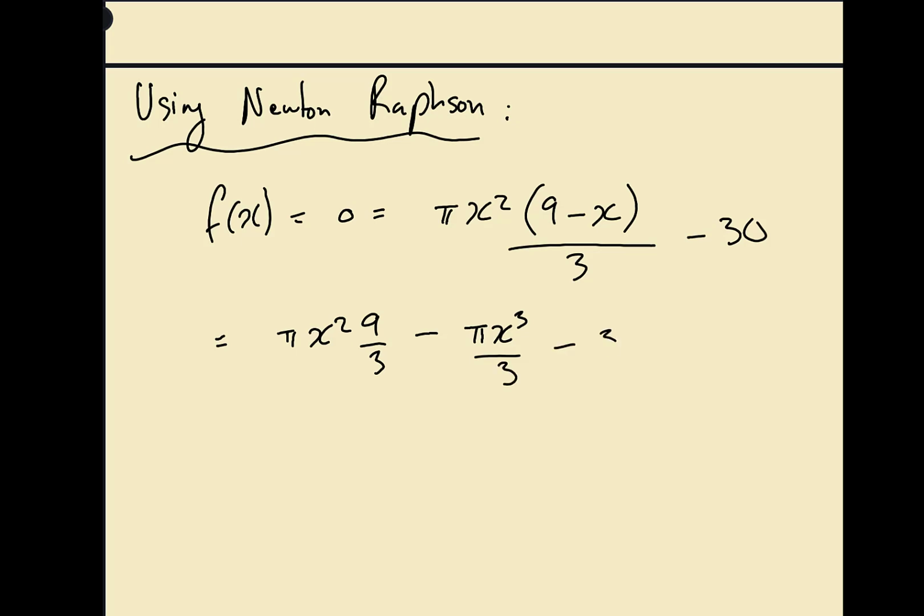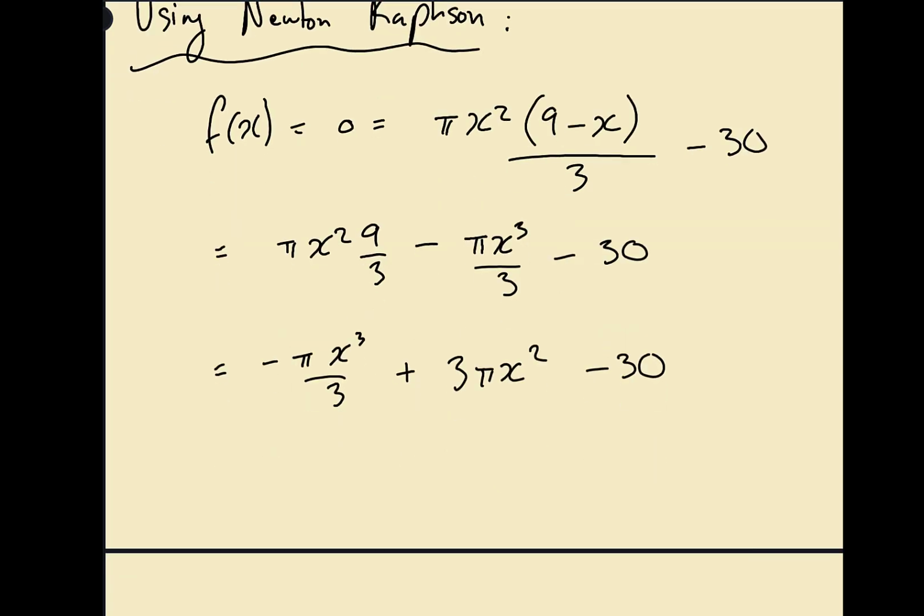And then the last term is minus 30. And then we can rearrange this so that we can write it in proper polynomial form, where the largest order is on the left side. So in this case, we can write this as negative pi x cubed divided by 3 plus what? 3 pi x squared minus 30.